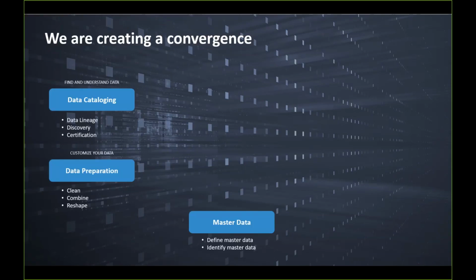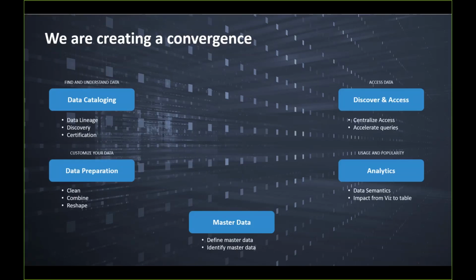If I'm trying to figure out the right master data or how to conform the data that I'm working with to become master data, that's yet another system. Then, of course, my analytics system. And then once I figure out what data source I need to connect to, then I have to figure out how do I actually access it, meaning what username and password, am I using the right database or not?